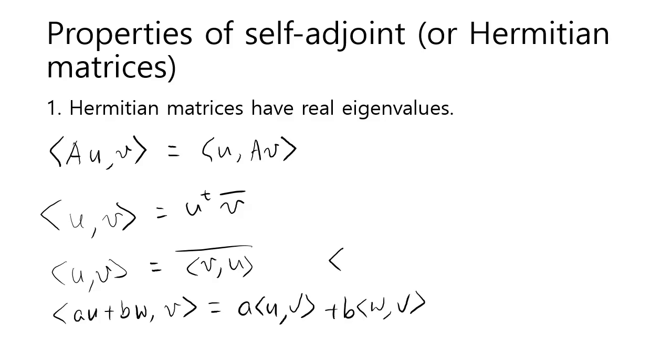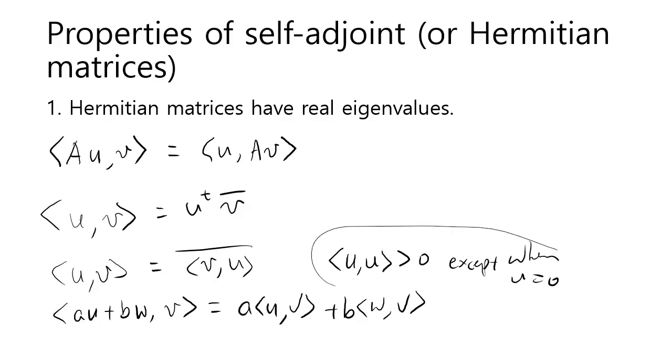And also positive definiteness: (U, U) should be bigger than 0, except when U is 0, in which case you're going to get 0. Okay.